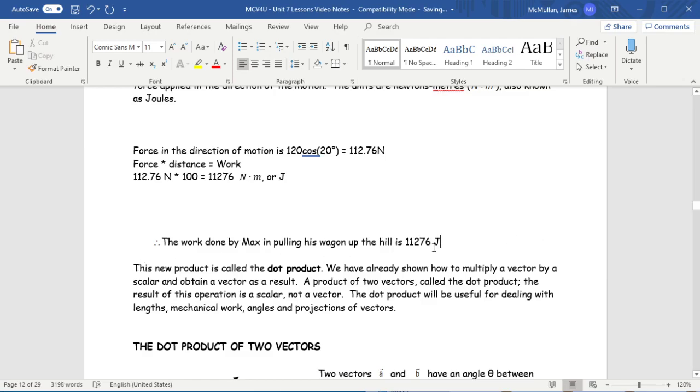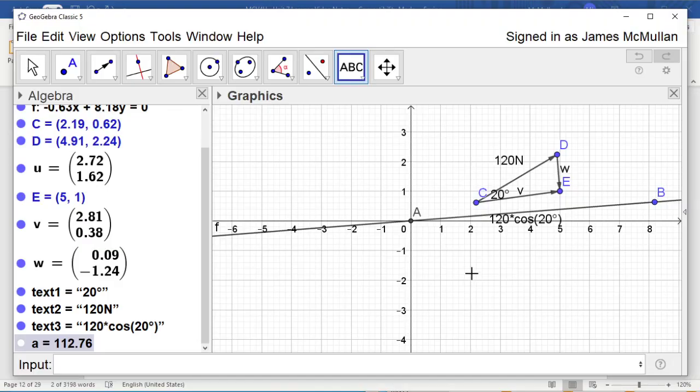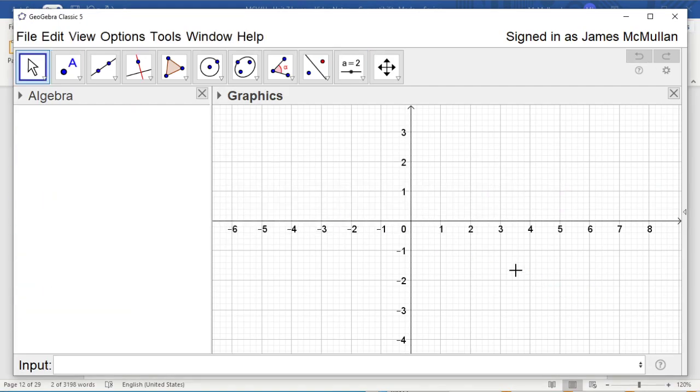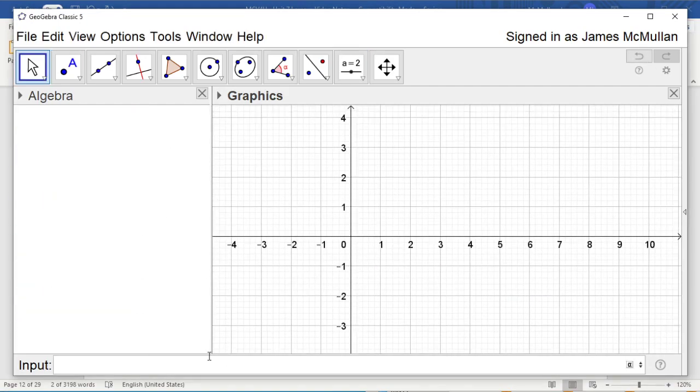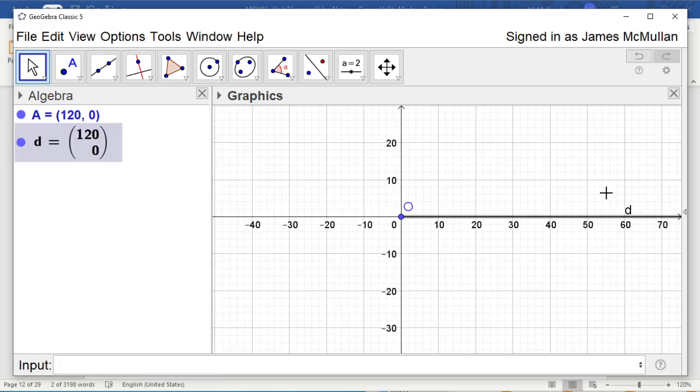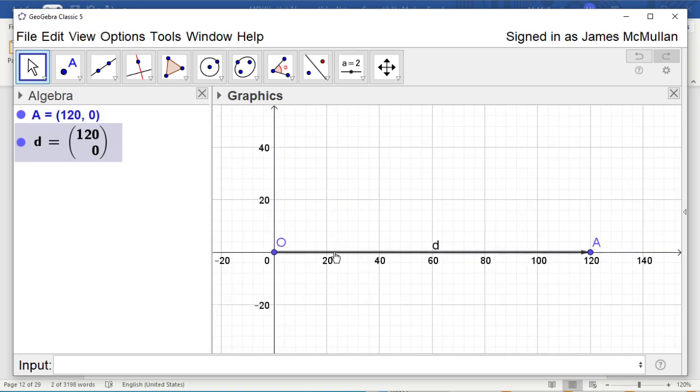Okay. This concept. So let's just go back to this quickly for 1 second. So let's say the hill is here, and vector A, and we're going to call this vector D. Okay, so this is the vector of him pulling up the hill, right?